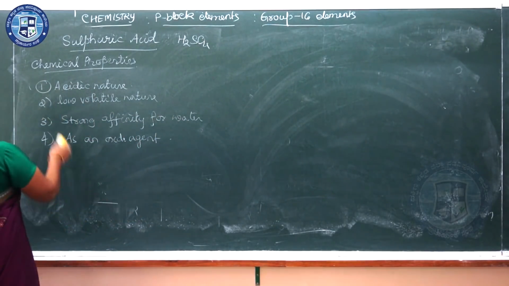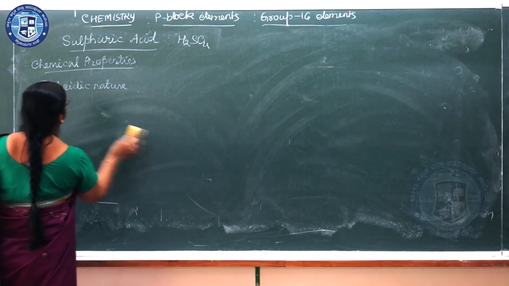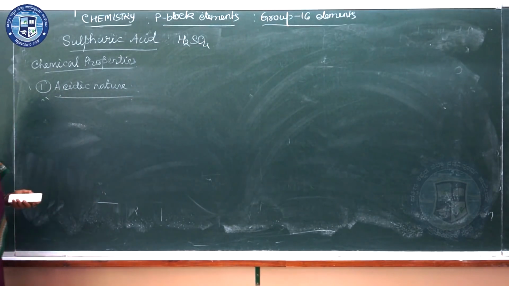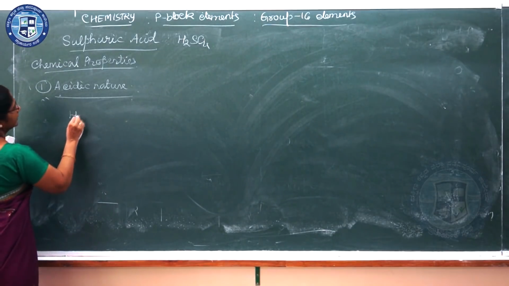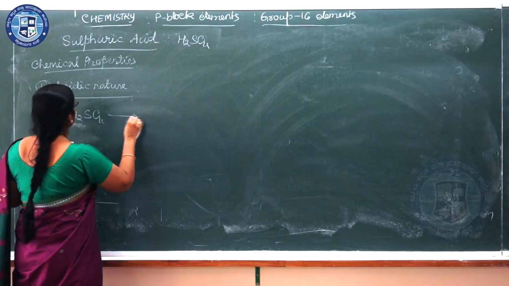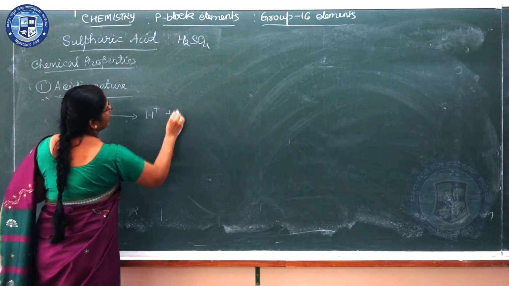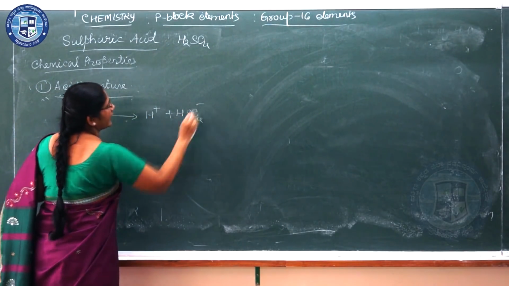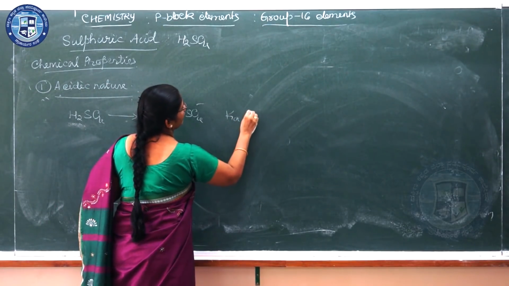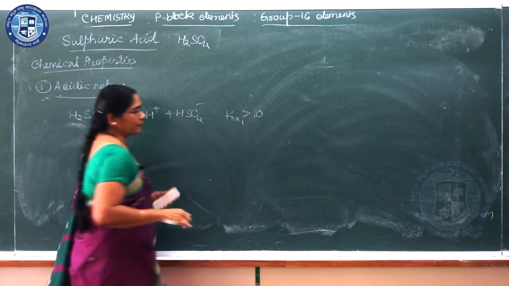First, let us see the acidic nature of sulfuric acid. In the name itself there is acid, it is an acid, and all acids dissociate to give H plus ions. It dissociates to give H plus and hydrogen sulfate ions, and the dissociation constant Ka1 is more than 10.